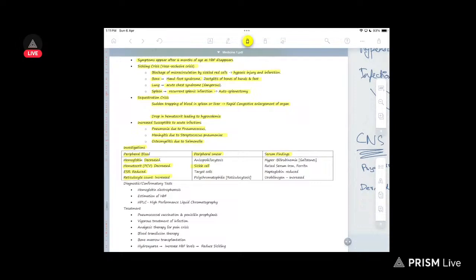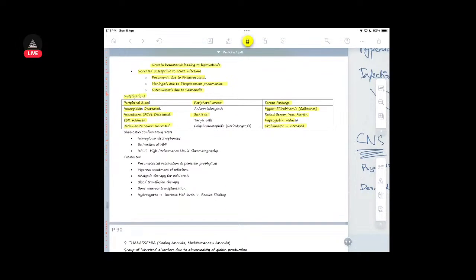Then serum findings: you'll have hyperbilirubinemia, gallstone formation, raised serum iron and ferritin. Haptoglobin will be reduced, urobilirubin will be increased. You can say it's due to gallstone obstruction.